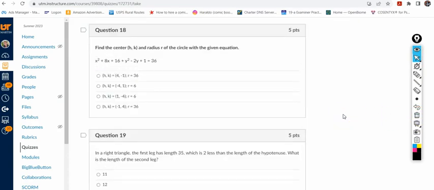Find the center here. Okay, so we're going to have to complete the square. All right, so what I'll probably do is get these over to the other side. So I'm going to subtract 17 from both sides.